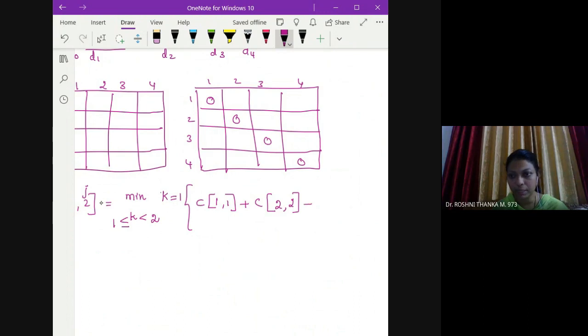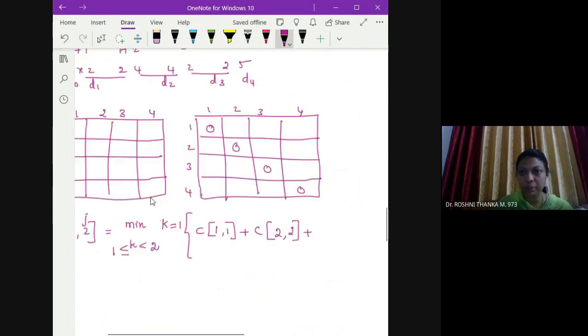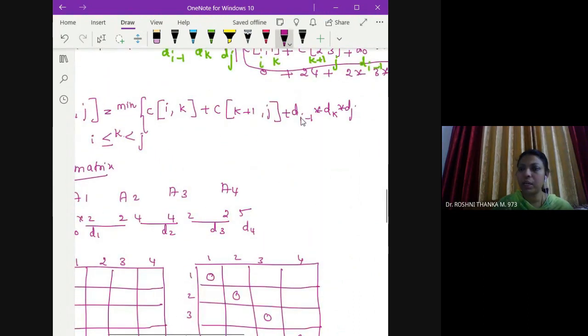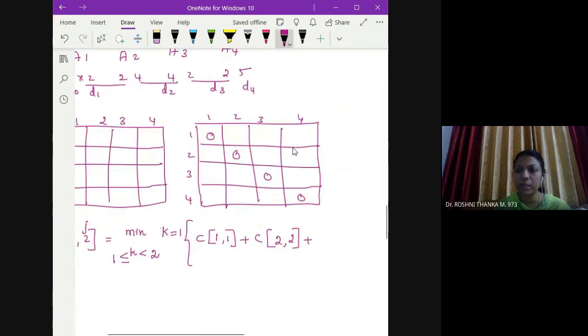Then plus, what is the other term in the equation? d of i minus 1 into d k into d j. Here the i value is 1, so 1 minus 1 is d0, into d k. The k value we have taken is 1, so d1, into d j. The j value here we have taken as 2. So this is the equation.